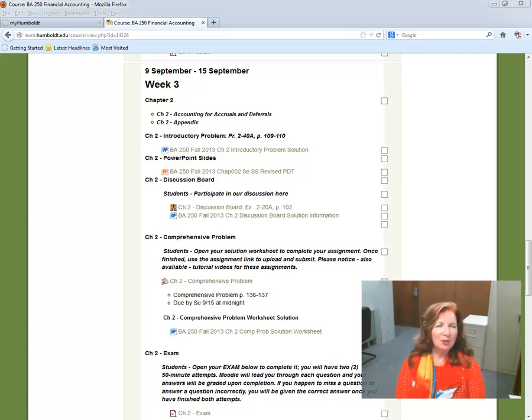I encourage you to practice the formulas and somehow mark the formulas so that you can get back to them easily, either on a sheet of paper of formulas that you have that's your ready reference, or you could do it on the computer, or you could put a post-it pad in the book. Whatever you need to be able to get back to those formulas quickly. And eventually they will come to you more easily, but that might not be in the realm of this class. It might take longer than just your introductory class for these to become familiar to you.